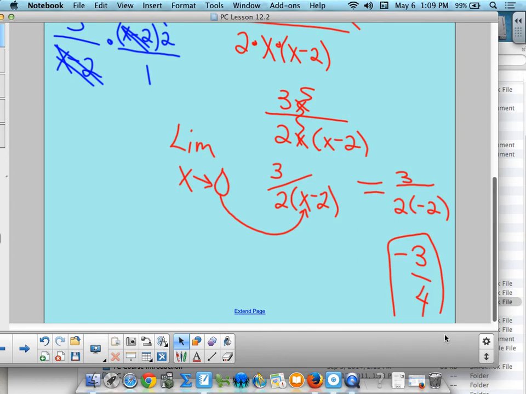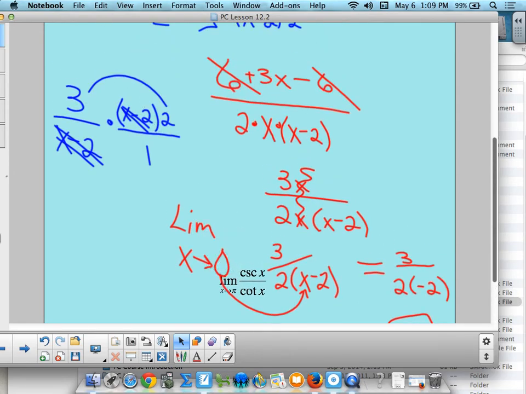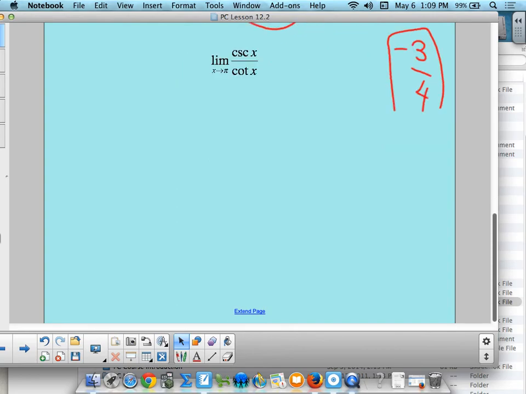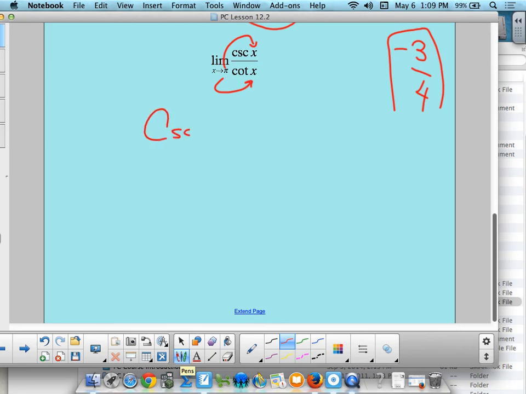It is the limit of cosecant of x over cotangent of x as x approaches what? Pi. Okay. Direct substitution. Put it in. See what happens. Pi goes in.